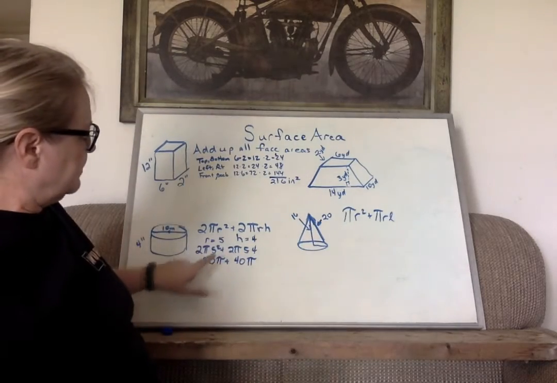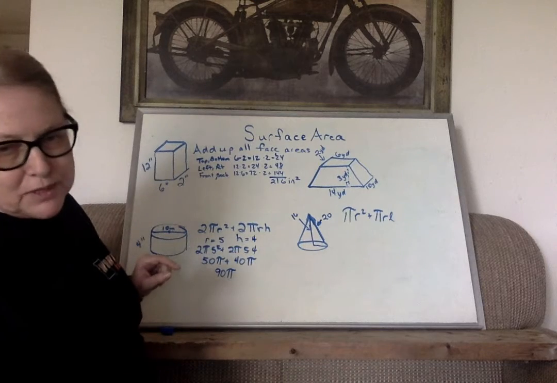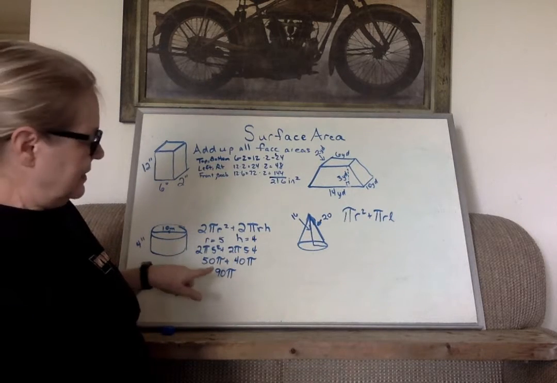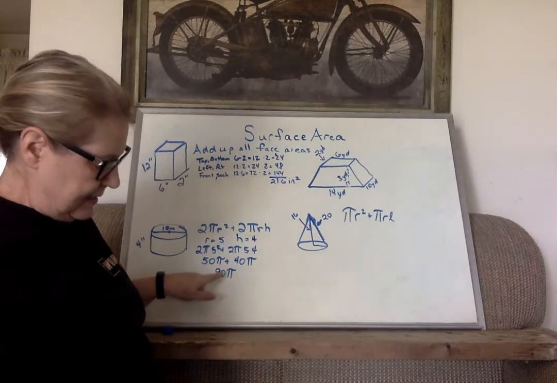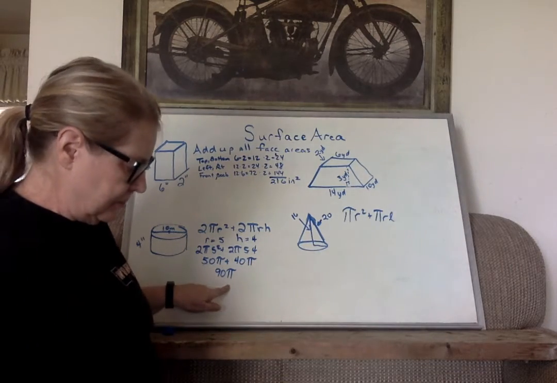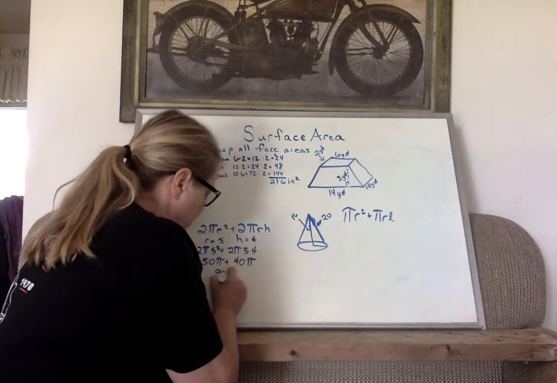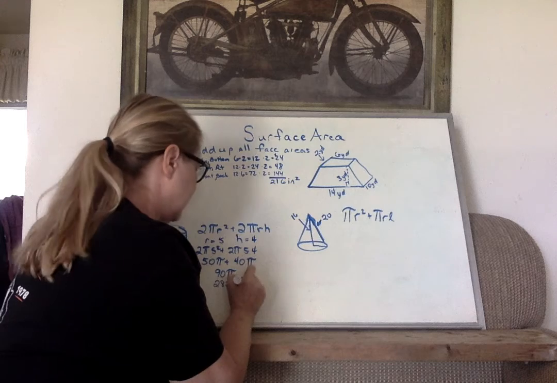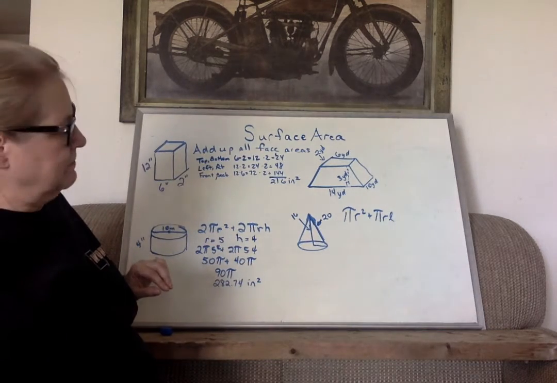Add them together, 50 plus 40 in exact terms or pi form. This answer is 90 pi. If you take 90 times pi in a calculator, you will get approximately 282.74. I think those were supposed to be inches.